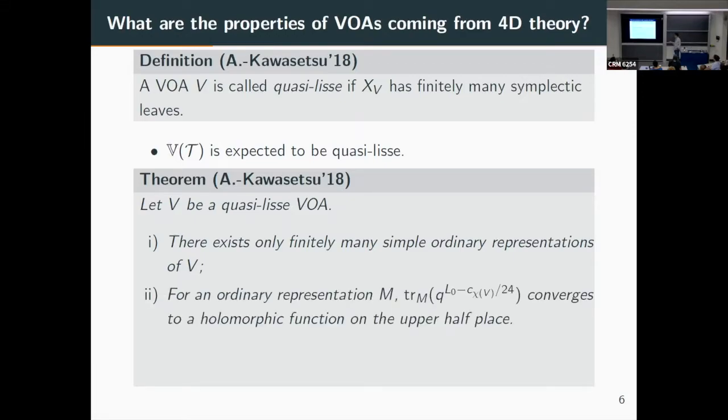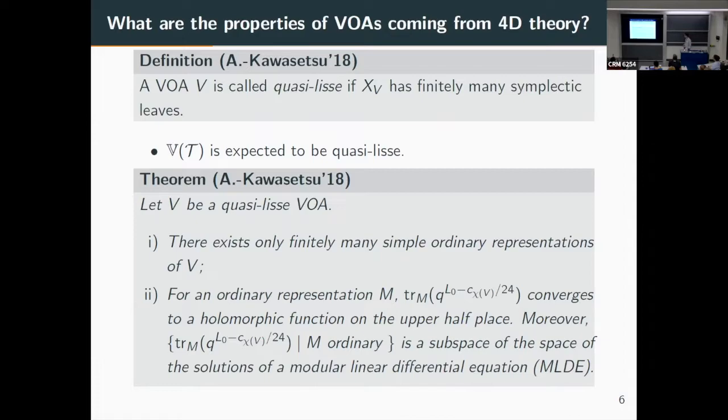Not only that, the character converges to a holomorphic function on the upper half plane, and the characters satisfy a certain linear differential equation called a modular linear differential equation, which is an equation that modular forms satisfy. So in particular, the space of solutions of a modular linear differential equation is invariant under the natural action of SL2(Z).